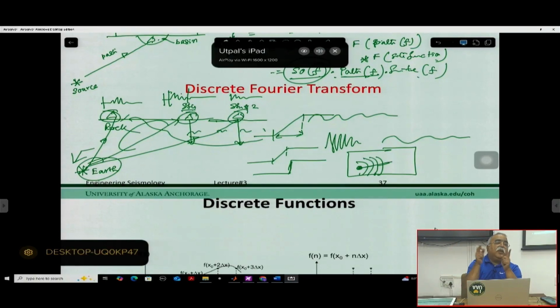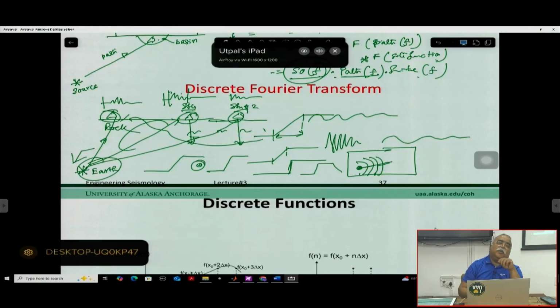And that will get convolved with this one. So one part will be like this, and the other part will be the rupture part, and they will be convolved with each other and produce a trapezoidal type of pulse.